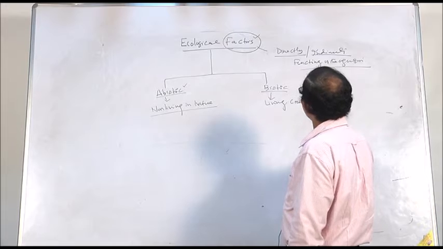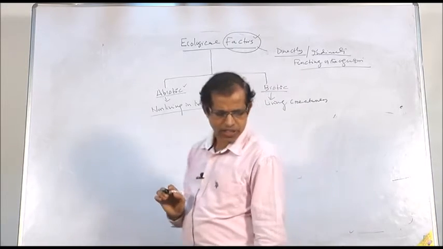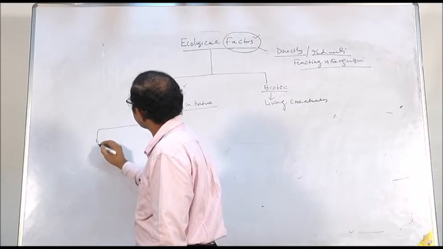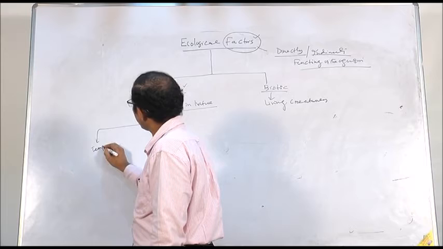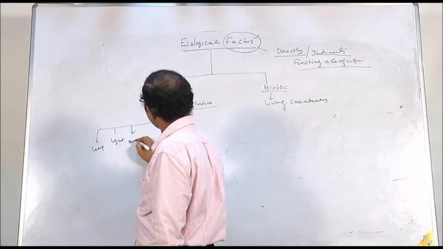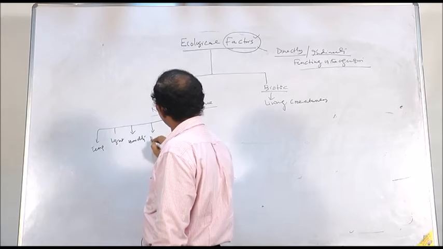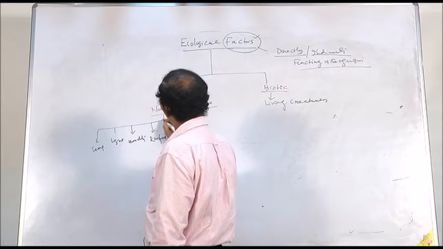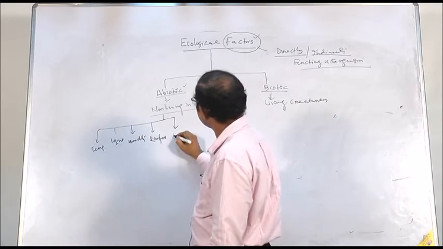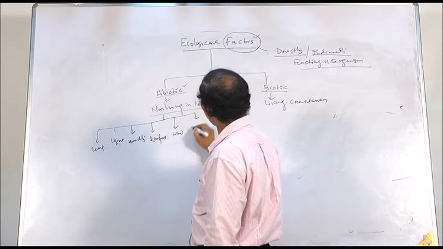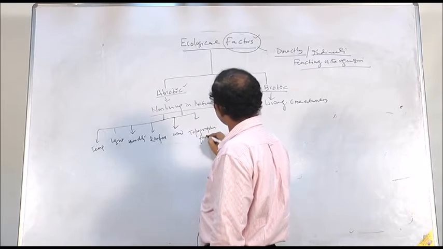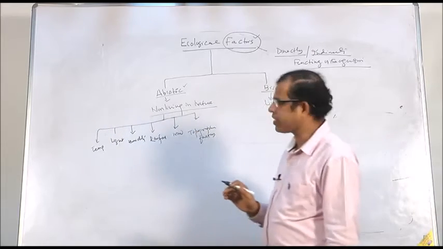If you see the non-living entities, you will find they are of different types, starting from temperature, light, humidity, then rainfall, then wind, then topographic factors. So different things are there.